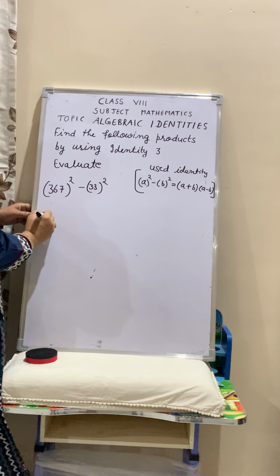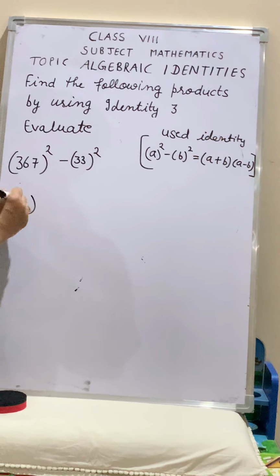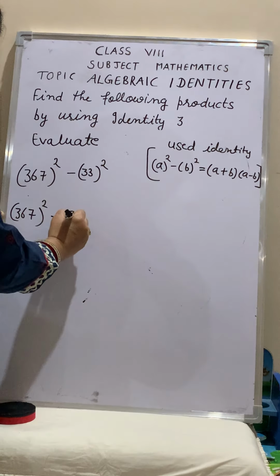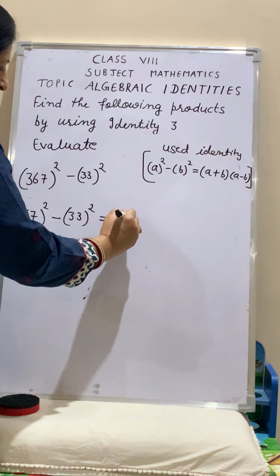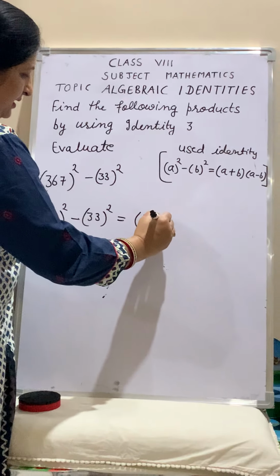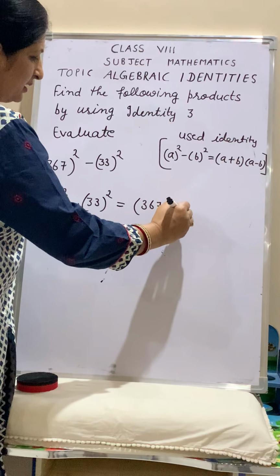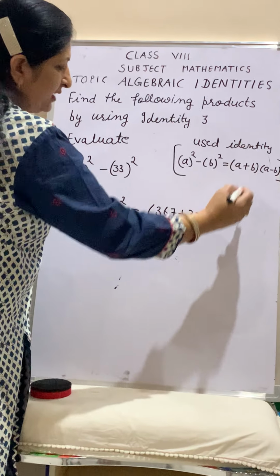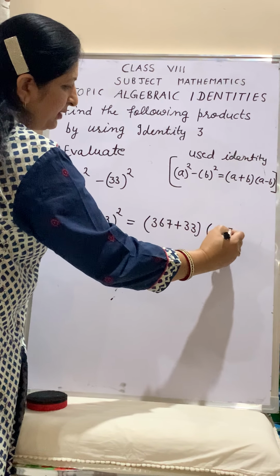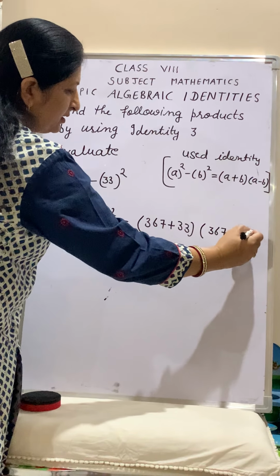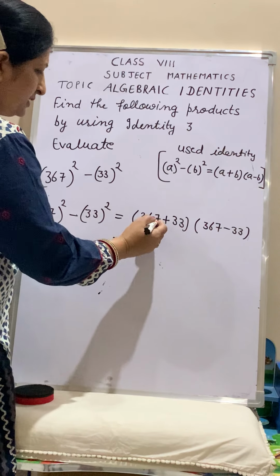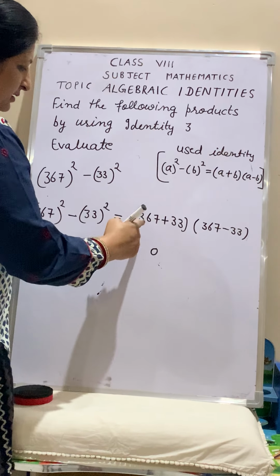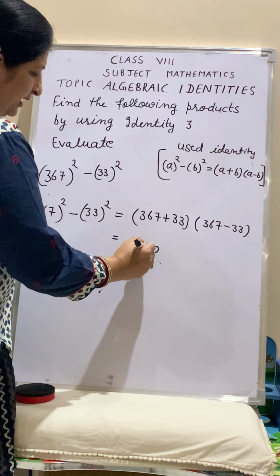So you will write, first of all, the right hand side is equal to A plus B. What is A? 367 plus 33. And in the second bracket, 367 minus 33. Now you will solve. 6 plus 3, 9 and 1, 10.